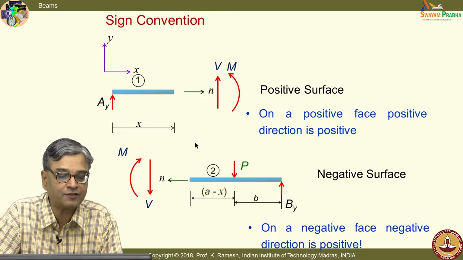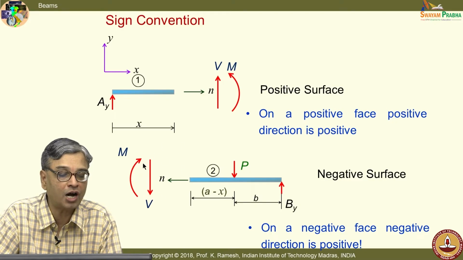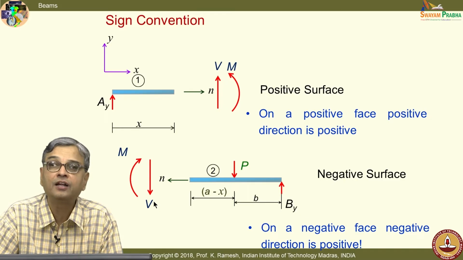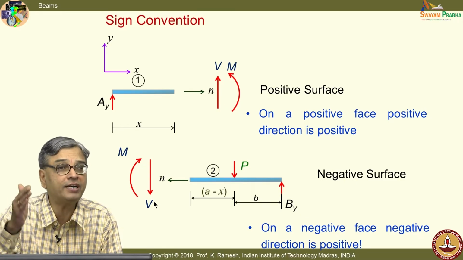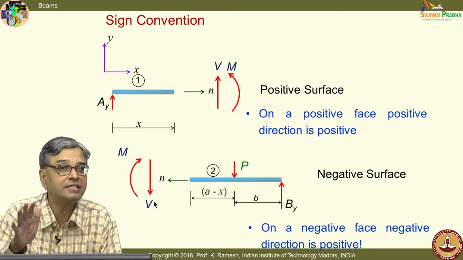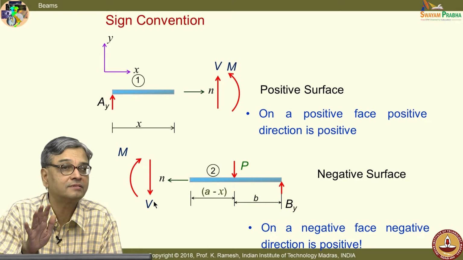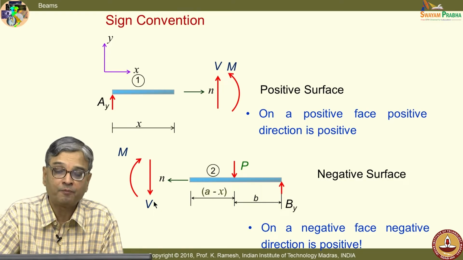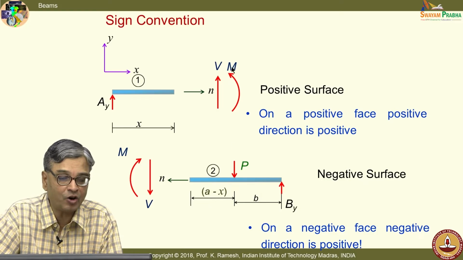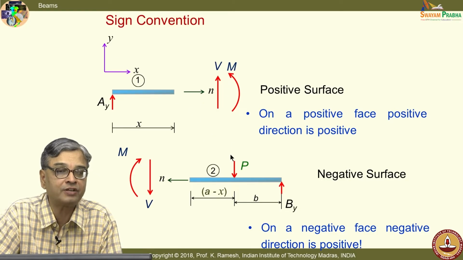Suppose I analyze this free body in my summation of sigma Fi equals 0, how would I put V? V is in the negative direction, so I will put it as minus V. Please understand that. When you start writing the free body, because this is a continuous member, I need to follow a convention.